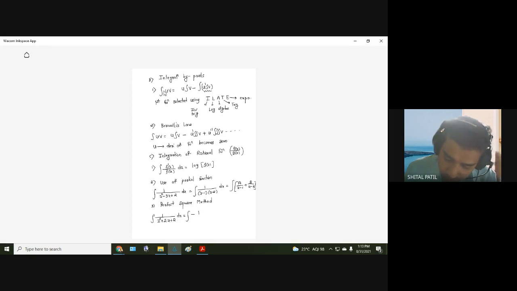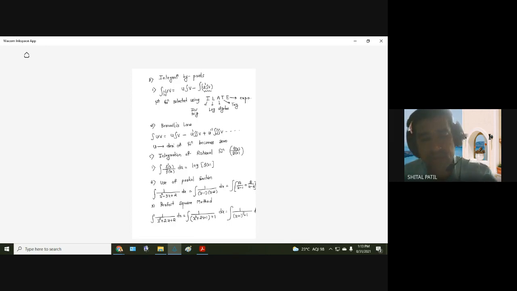So what we have to do is write it this way: x square plus 2x plus 1 plus 1. Isn't it? And it is 1 upon (x plus 1) whole square plus 1 dx. And then we can integrate it. Yes, anyone? How can we integrate this?